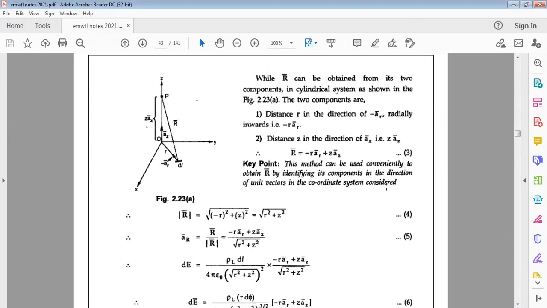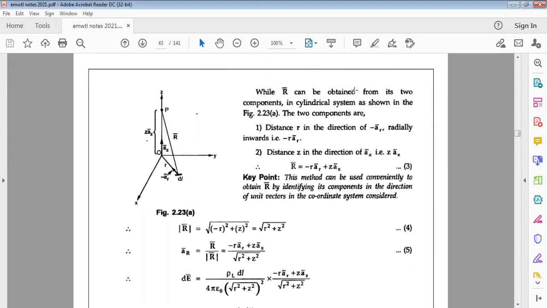Then see, the R bar can be obtained from its two components in the cylindrical system. See, the diagram looks like this.